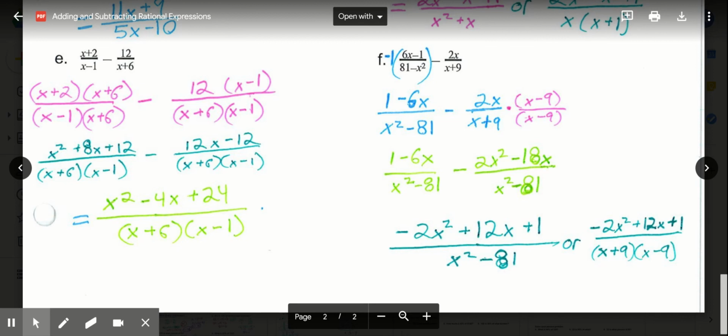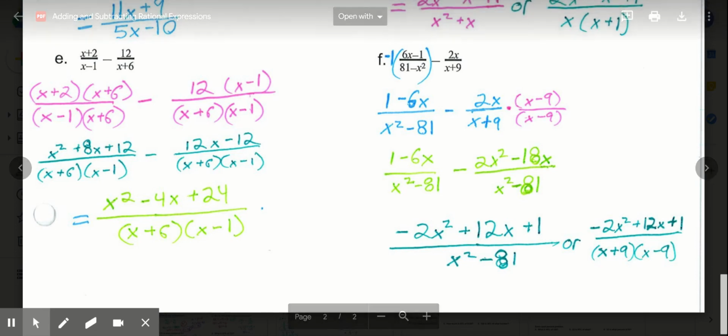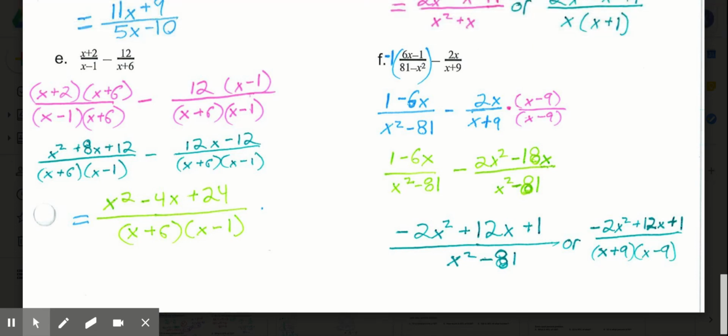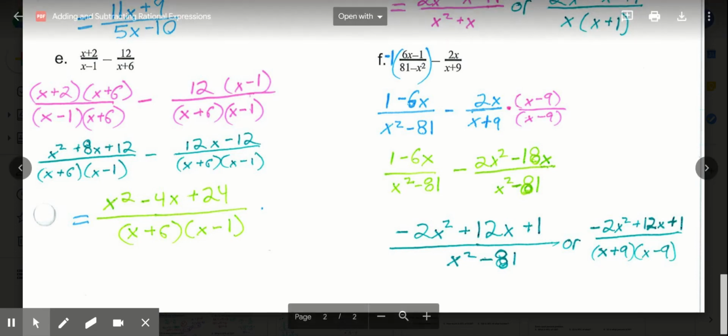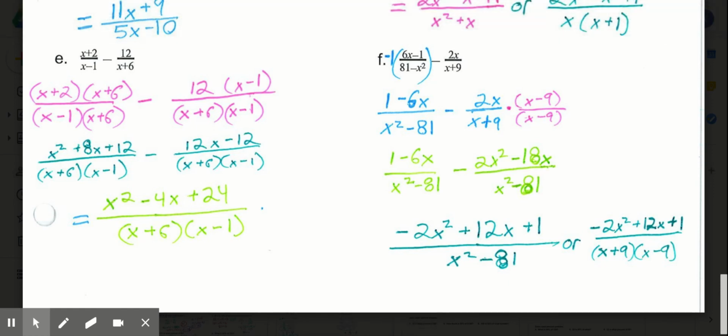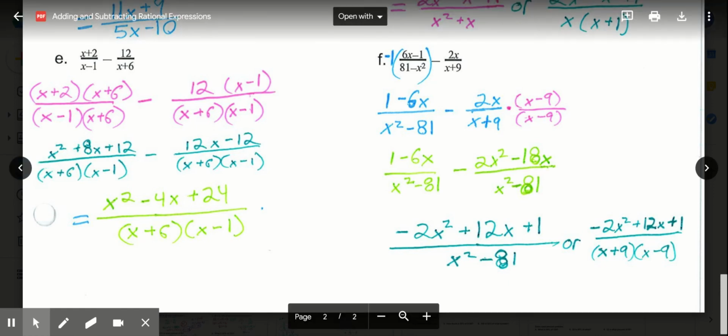Fraction on the right, both top and bottom get multiplied by x minus 1. So now we are going to FOIL on the left, distribute and FOIL on the right, and we end up with x squared plus 8x plus 12 over, and you'll notice I did not do anything with the denominators yet.